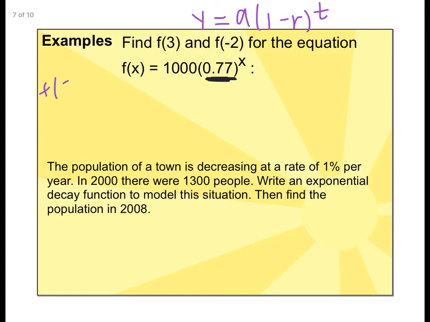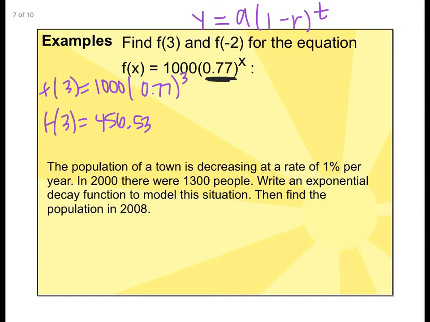So f of 3 is equal to 1,000 times 0.77 to the 3rd power. On my calculator, I would do 0.77 to the third power first, multiply by 1,000, and I would get 456.53.